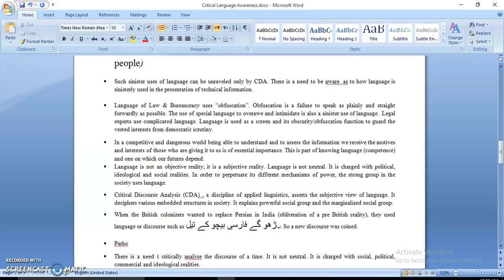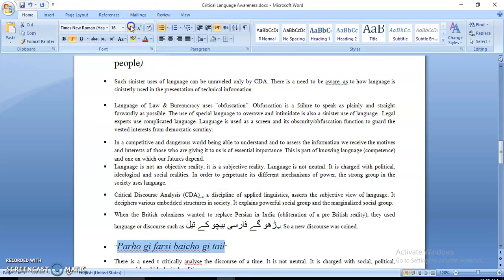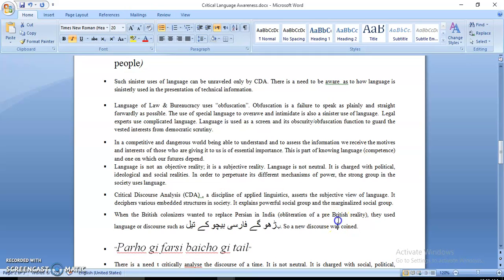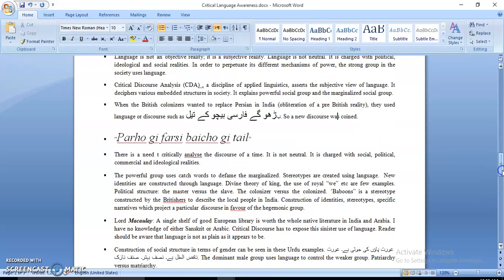"Padhoge Farsi bechoge tel." Now you need to put some inverted commas around it, and usually it is italicized when we are typing. However, if you are producing it in an exam paper, you must underline it, or you must put inverted commas.